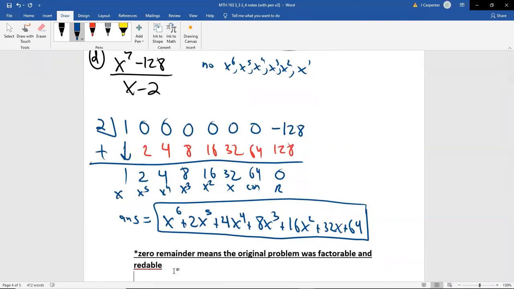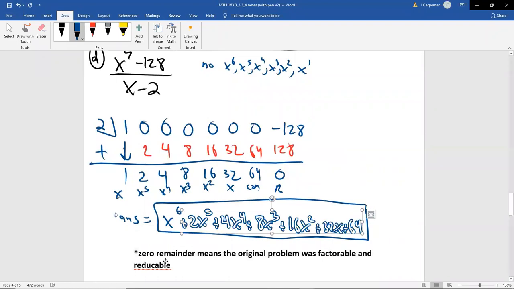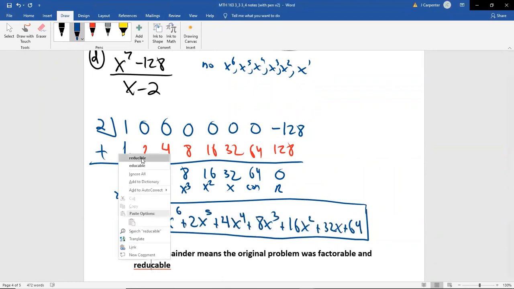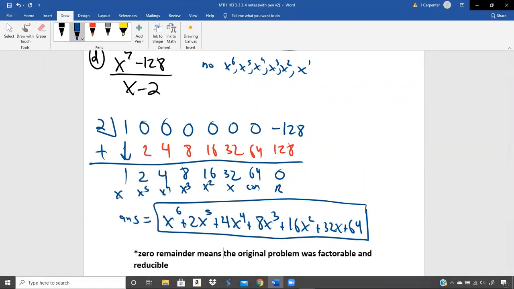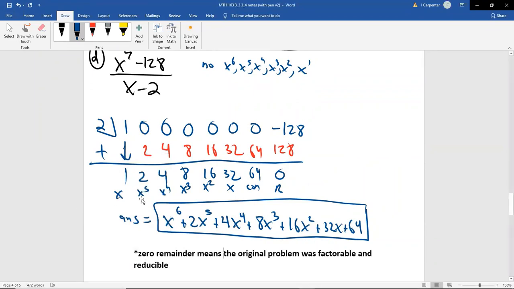I think reducible is wrong. Oh, I spelled it the wrong way. That's why. I'm not a spelling teacher. What can I say? So that means that x to the seventh minus 128 is factorable.